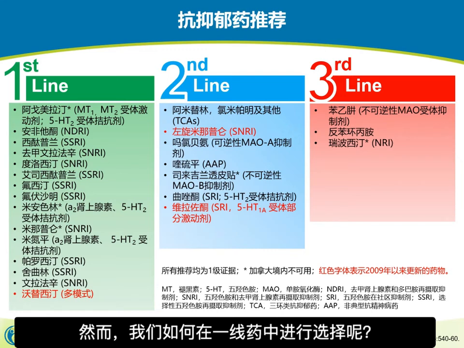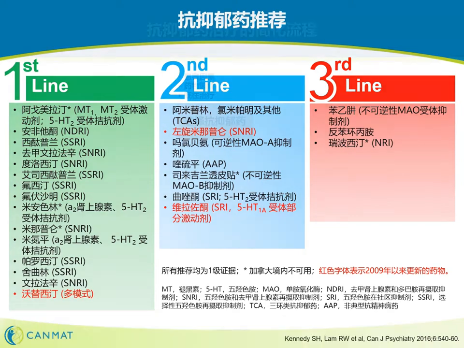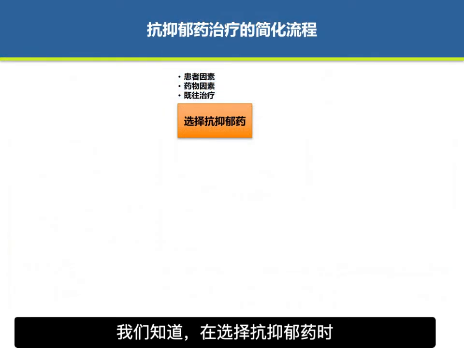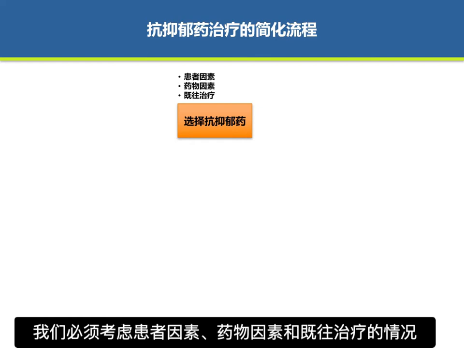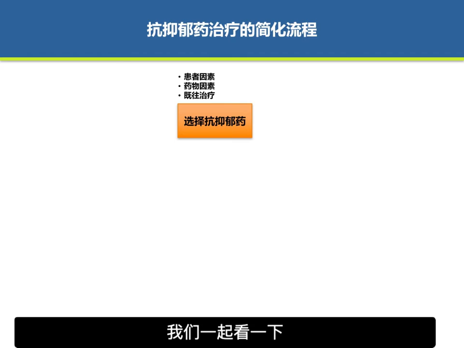But how do you choose among the first-line antidepressants? Well, we know that in selecting the antidepressant, we have to consider patient factors, medication factors, and previous treatments that the patient may have had. Let's go over these.